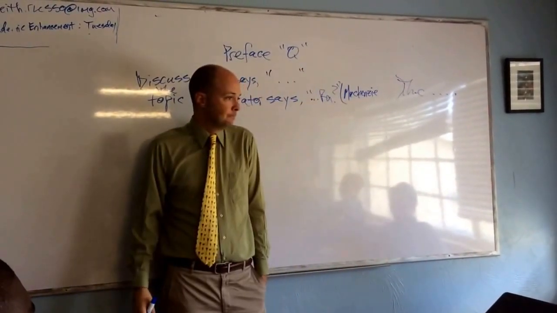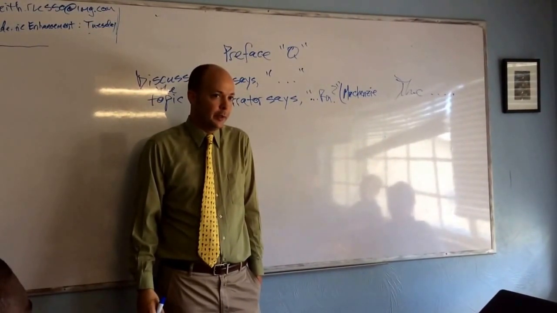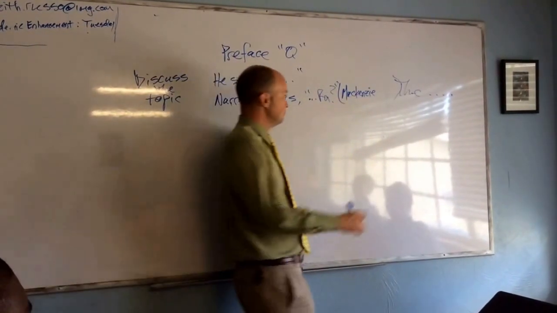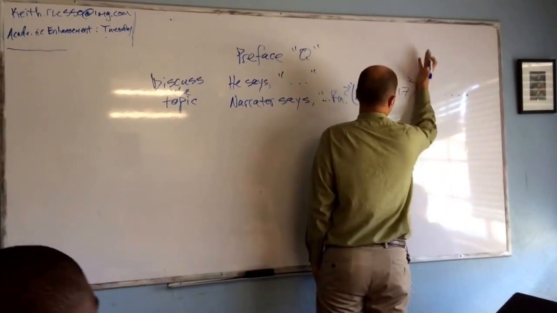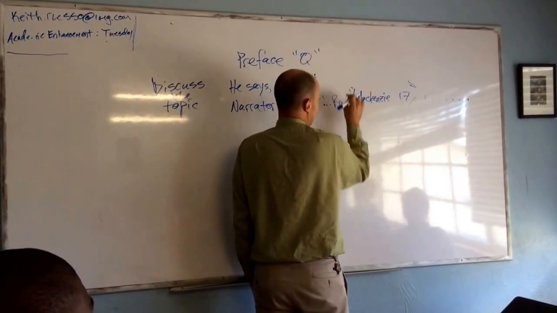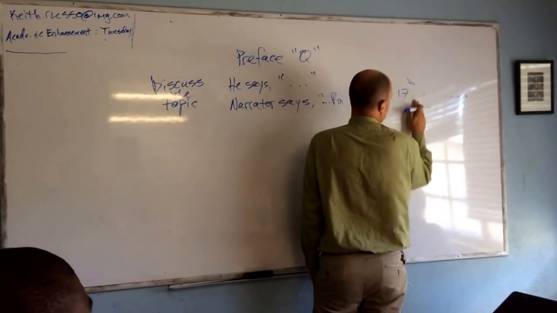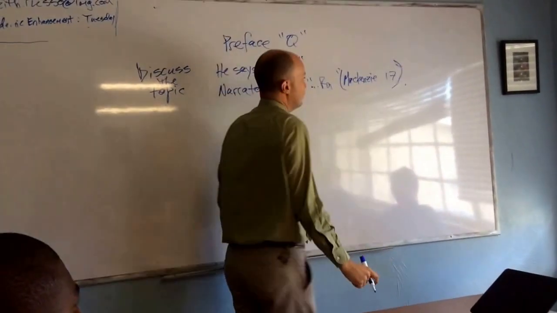Page. Right. Do we put P? Do we put PG? No. You just put the number. Just the number. And if it is indeed not a question or an exclamatory, parentheses, period.